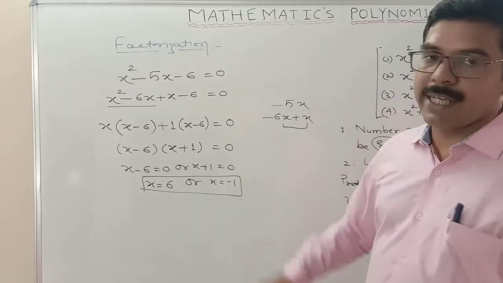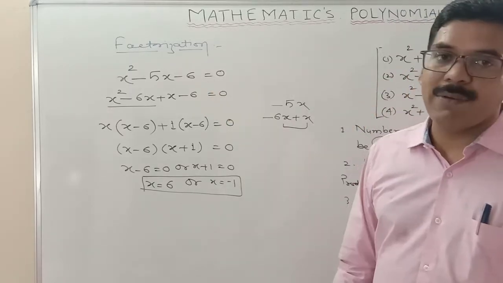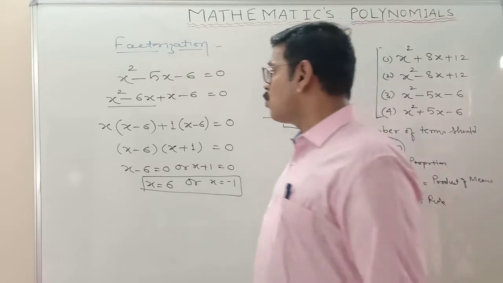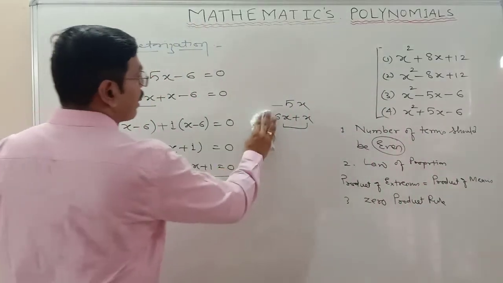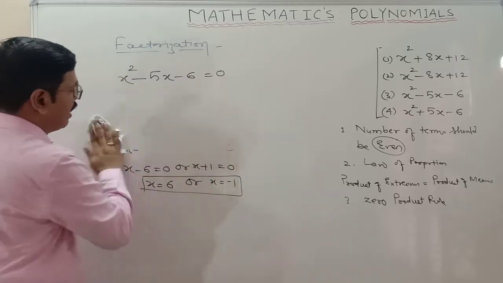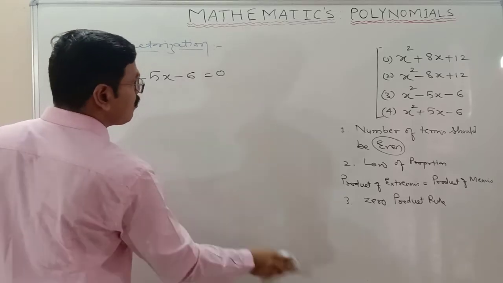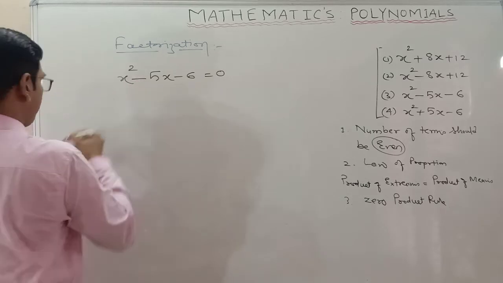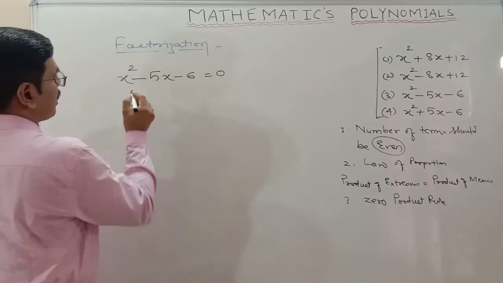Now the fourth case, suppose this minus 5x may be plus 5x. What we'll do is again simple. It is the simplest. See what we'll do. We are just writing here x square plus 5x minus 6.